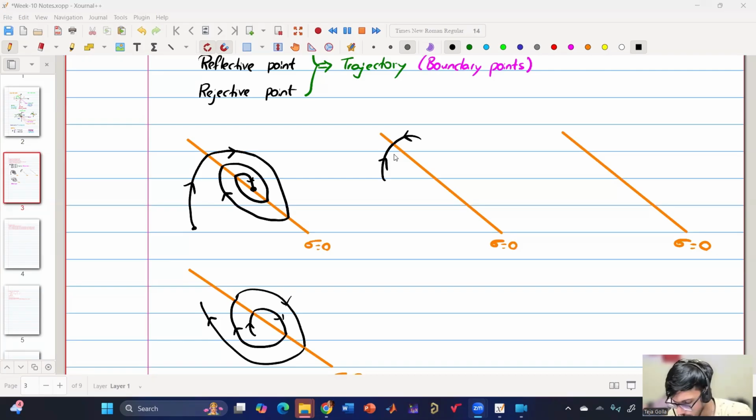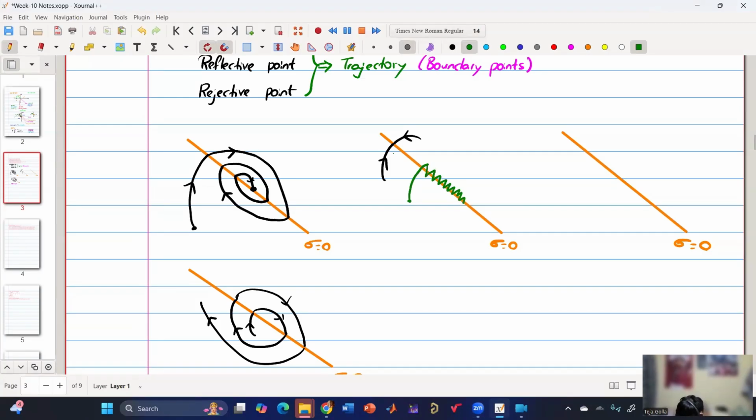So say now we are starting from here and we have just crossed. Again, it has to come towards this again. So it will go on the line, right? As discussed, it will reach the equilibrium point finally, but it will have infinite switching.